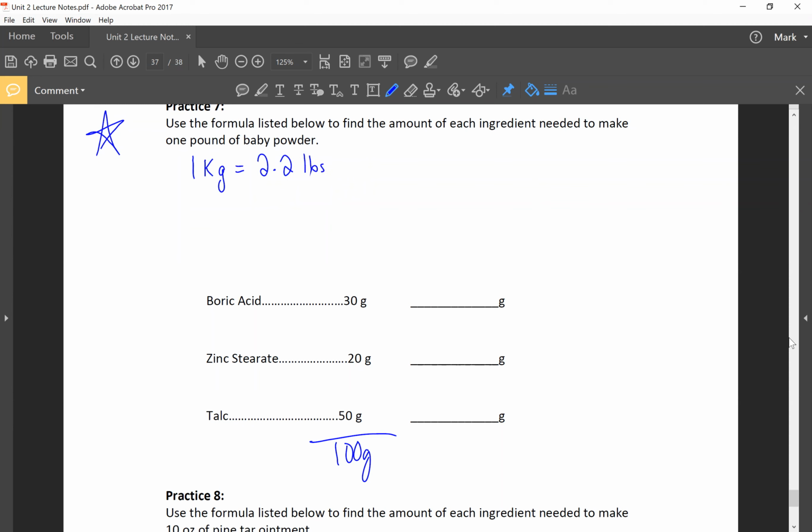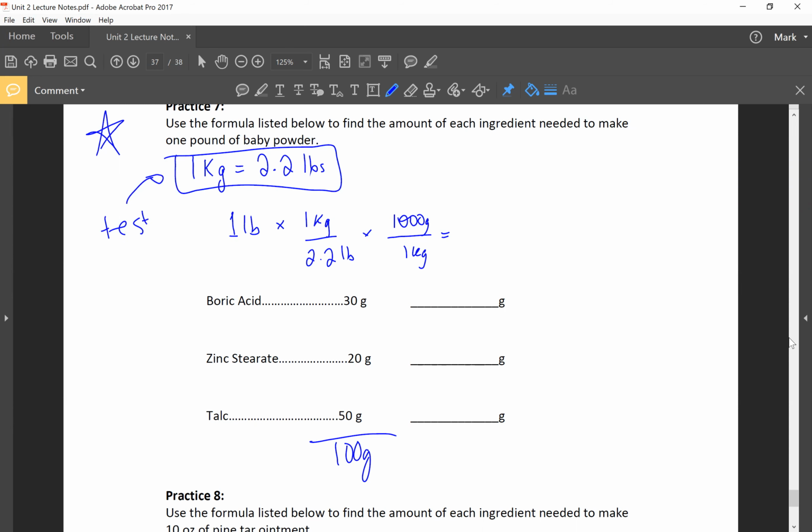So if you were trying to figure out how many grams is 1 pound, you would multiply this by 1 kilogram over 2.2 pounds, and then multiply by 1,000 grams over 1 kilogram. This is probably what you would have to do on a test, because this is typically the conversion factor you would be given.